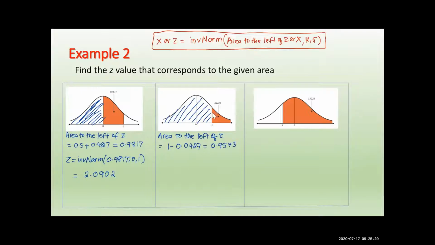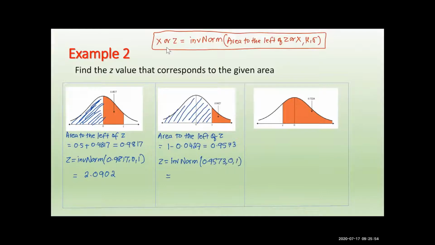So that is the area to the left of that z-score. Once you get the area to the left, we use this command here: z equal to inverse normal. We put the area on the left, which is 0.9573. Mean is 0, standard deviation is 1.